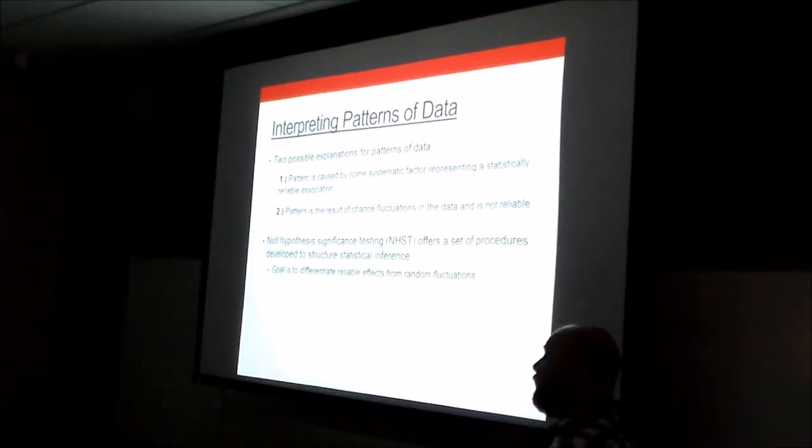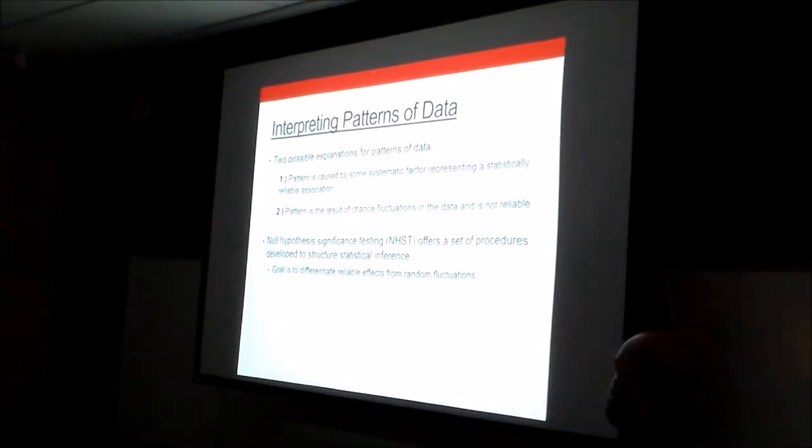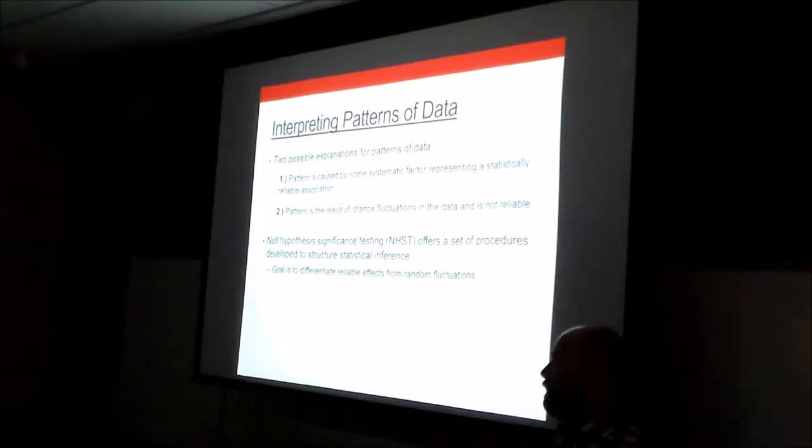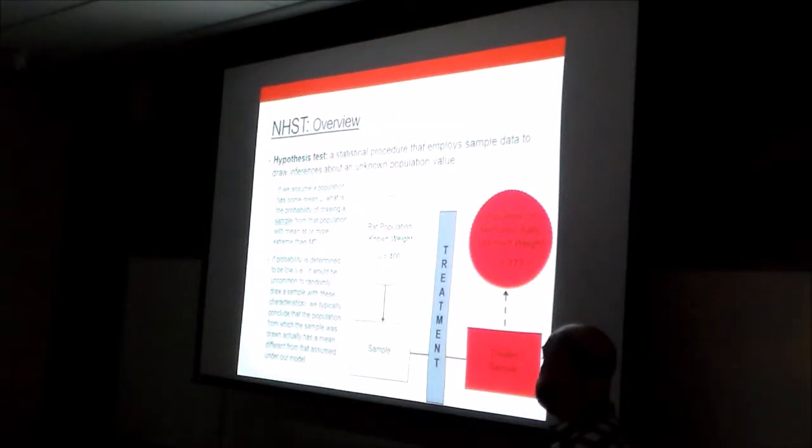Inferential statistics is what we do to try to tease some of this apart. Trying to determine: is this difference that we're seeing real? Does it represent differences in population values? Or is this just basically sampling error, stuff that we would expect across numerous different replications?